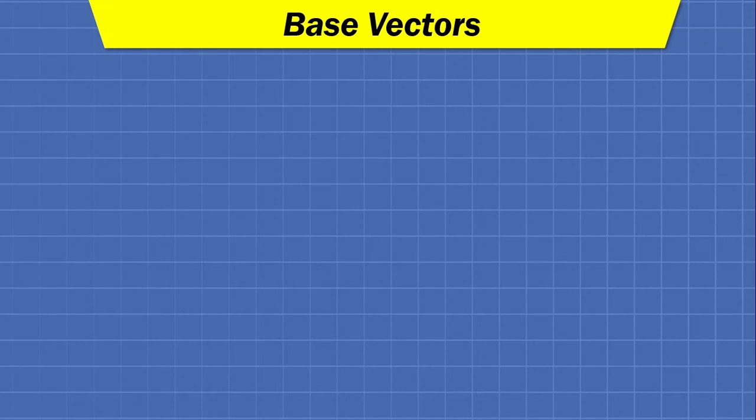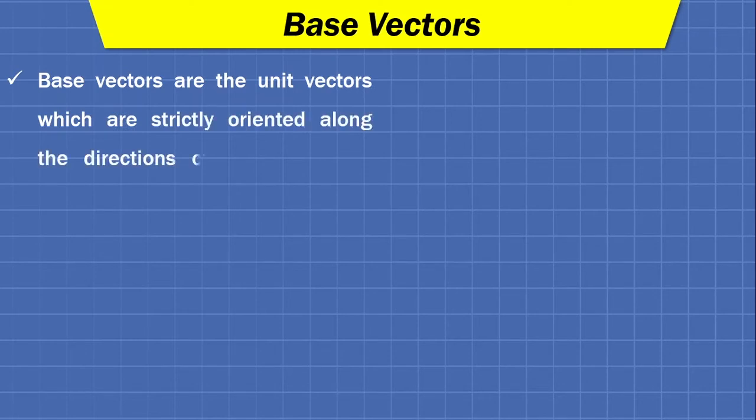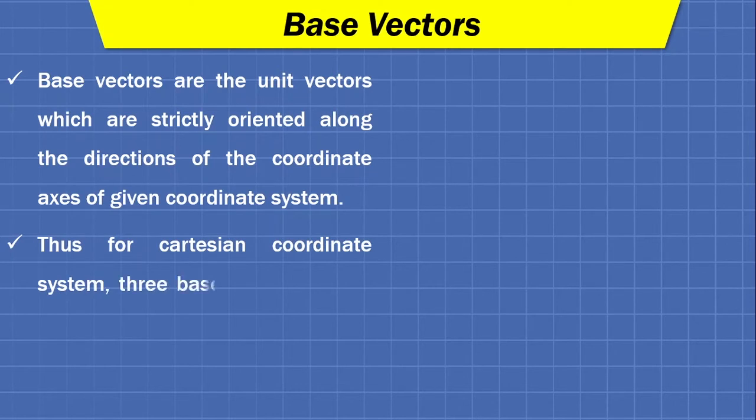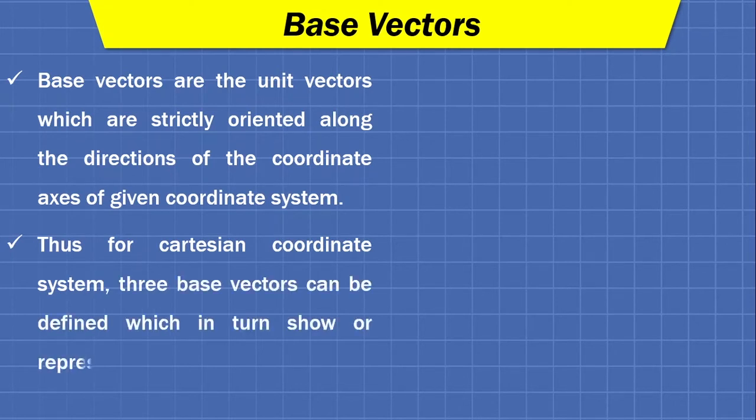Then a very important topic, which is called base vectors. So base vectors are unit vectors which are strictly oriented along the direction of the coordinate axes of a given coordinate system. So for Cartesian coordinate system, the principal axes are x, y and z. So any unit vector which is laid along the direction of x, y and z is called a base vector of the system.